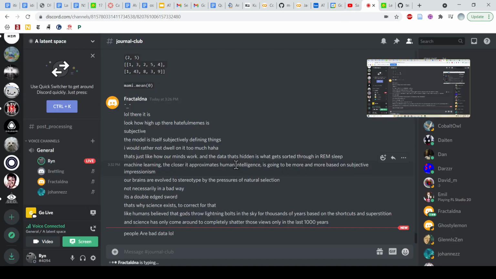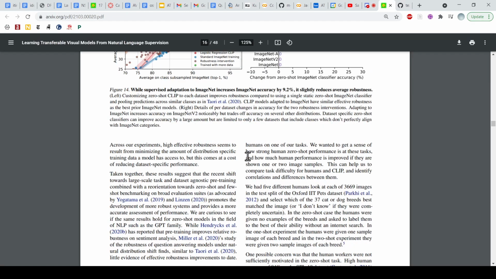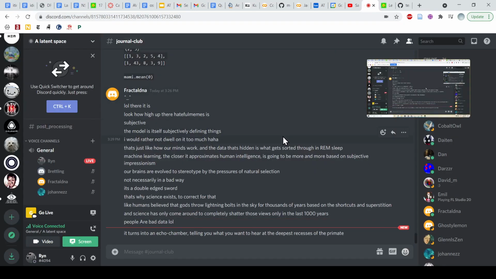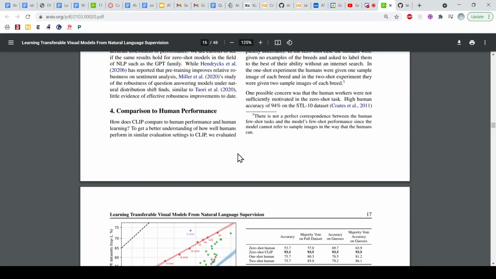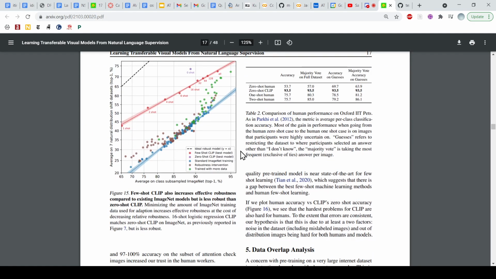Let's see, what was I? Oh yeah, we're still reading CLIP, but going off about the biases in it. So they compare to human performance, and it looks like they do way better than humans on some classification tasks.